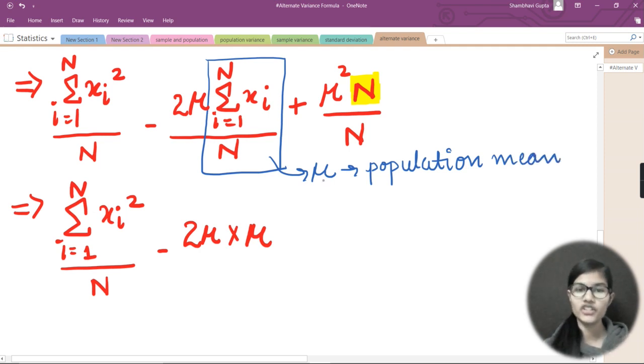We denote the population mean using this mu sign, and the formula for the same is sigma i is equal to 1 to n x of i upon n. So here, simply replacing this formula, I simply write the sign that is mu.